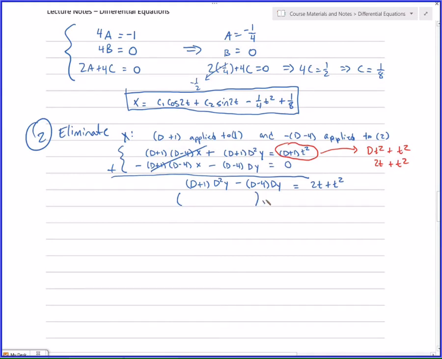What all do we have times y? d cubed plus d squared minus d squared plus 4d. So d cubed plus 4d y equals t squared plus 2t.